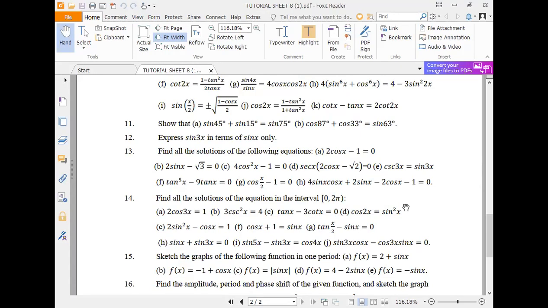So we need to show that. This is sheet 8, question 11B.